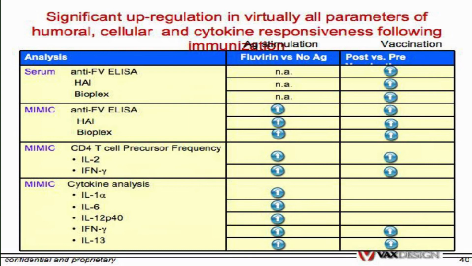Cytokine production from different donors was examined, again, pre-post vaccination with the influenza virus. We've talked about cytokines, looking at Th2 cytokines such as IL-13, Th1 cytokines such as interferon gamma, IL-12 P40, and certainly a whole host of inflammatory cytokines.